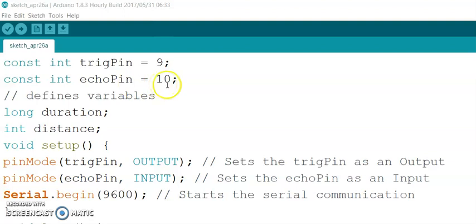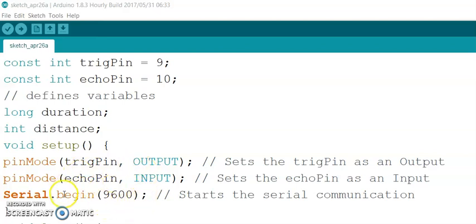Then in setup, I have declared the trigger pin, that is pin number 9, as an output, and the echo pin is going to be the input. In this way, the trigger and echo pins need to be configured.